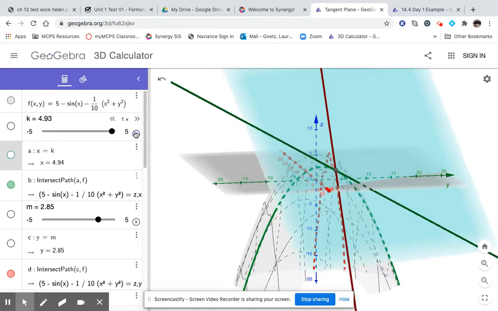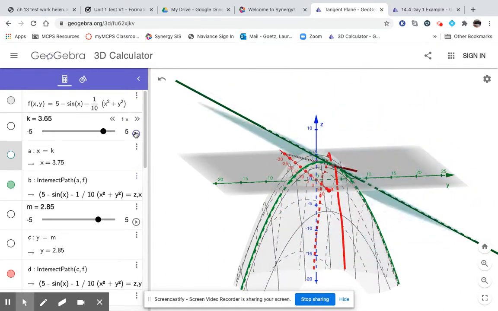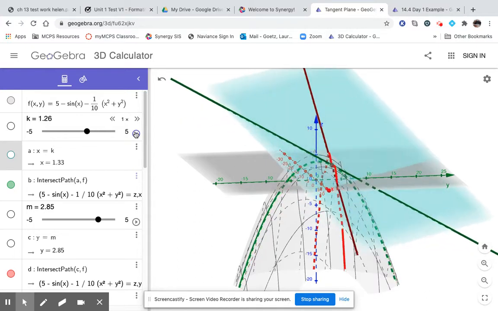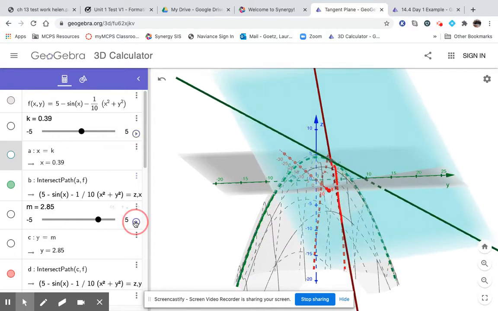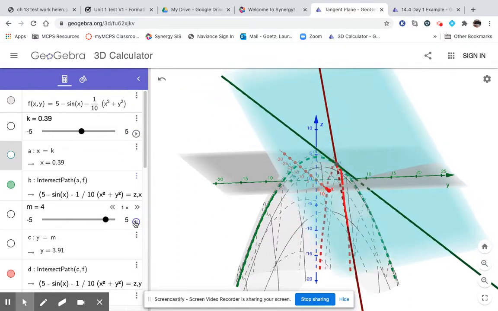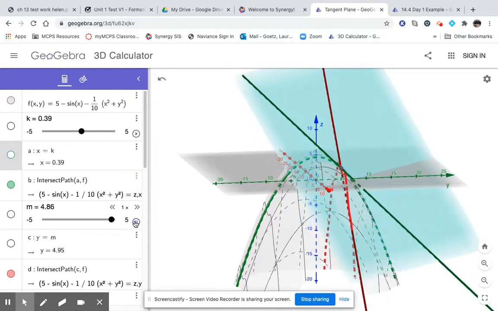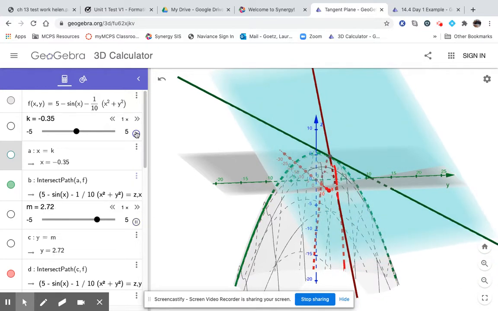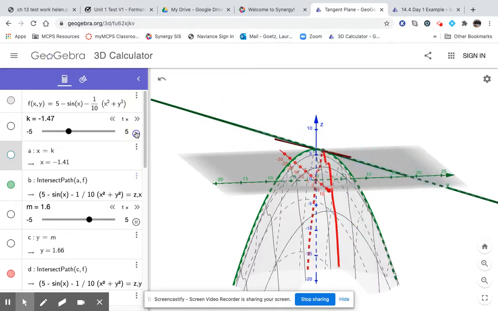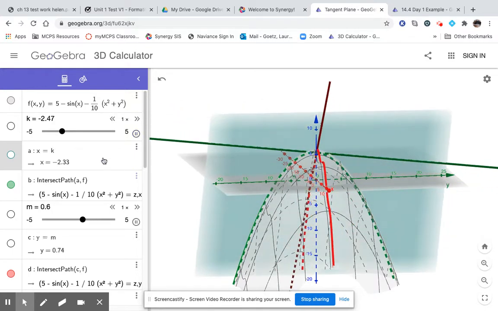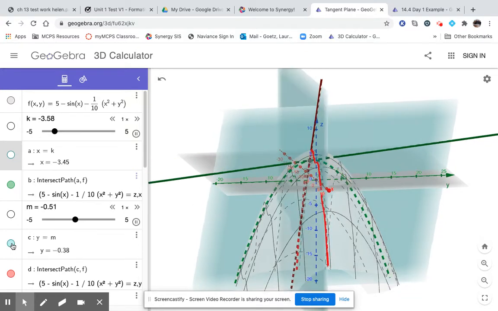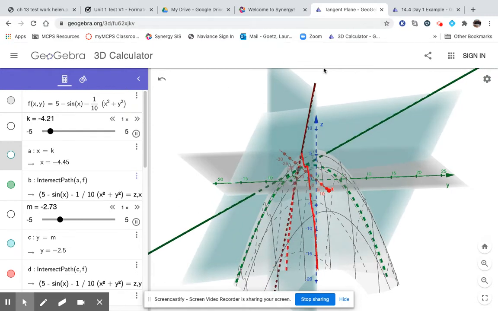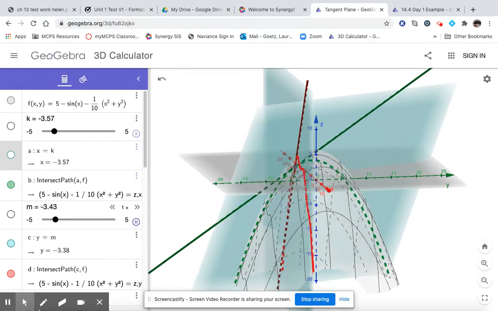If I move, holding one constant versus the other constant, they're both moving. Kind of cool, right? There's the perpendicular plane. I have to say, I do like my GeoGebra.